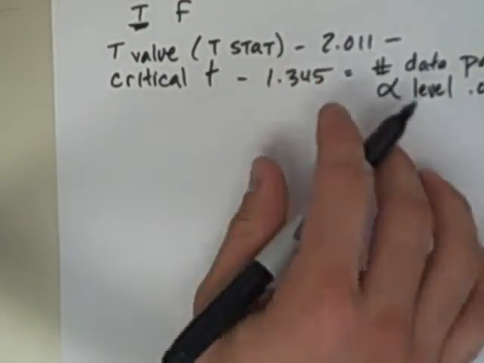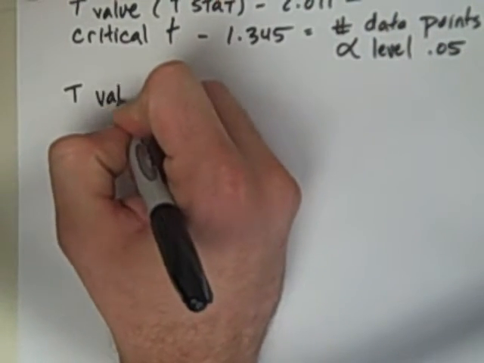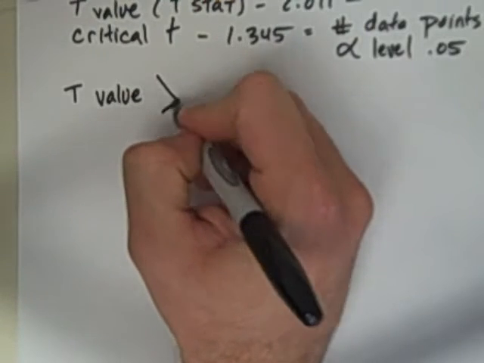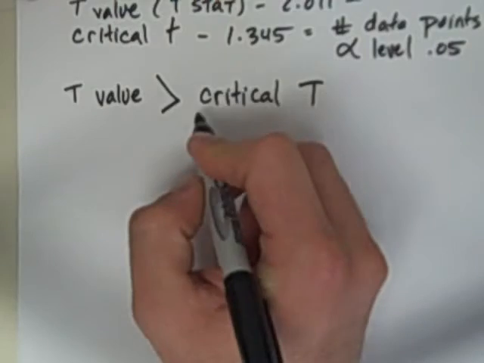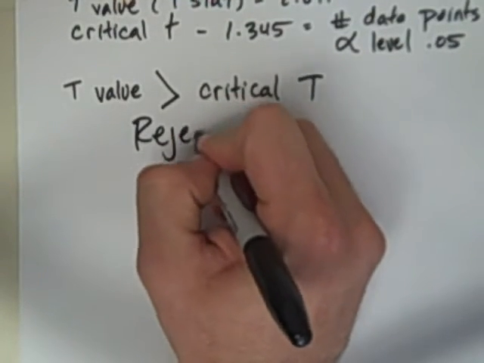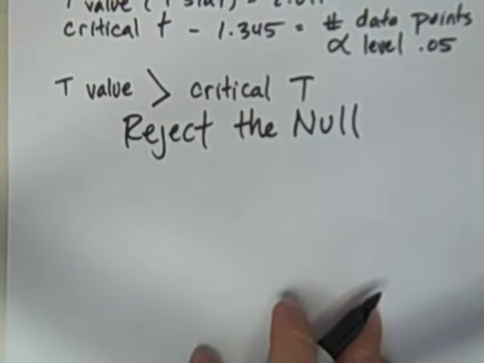So with that being said, here's the key. If my t-value is greater than my critical t, I must reject the null hypothesis.